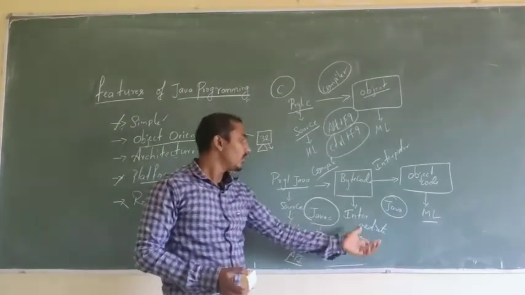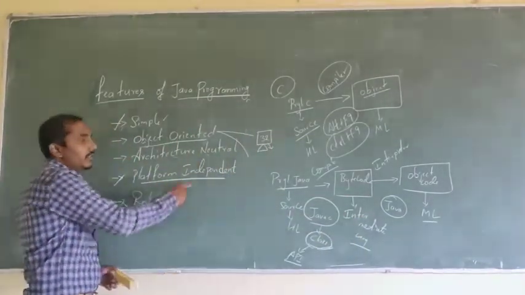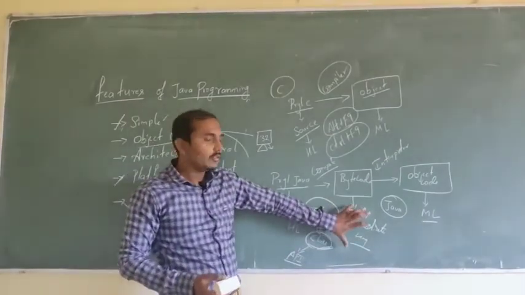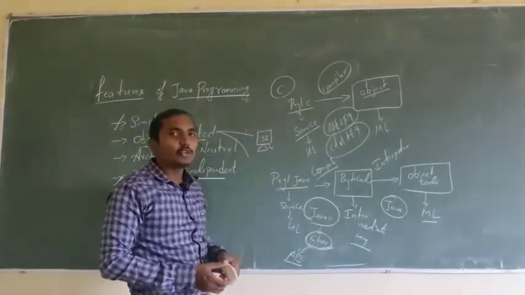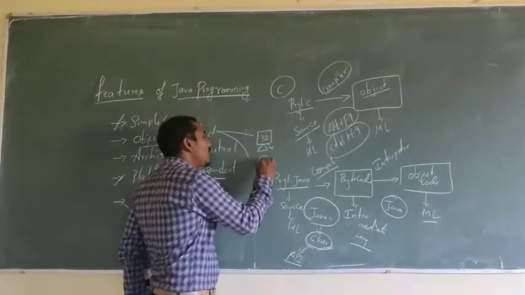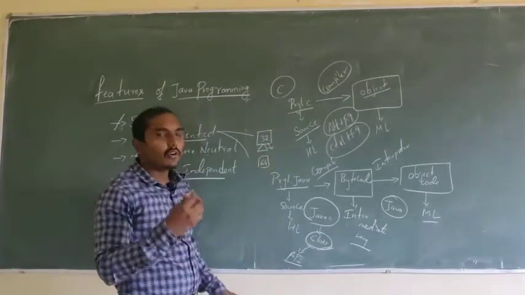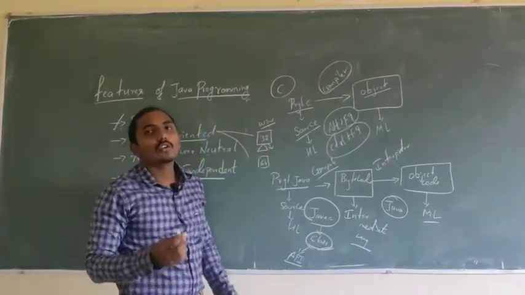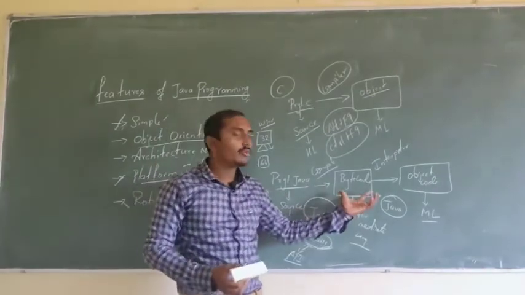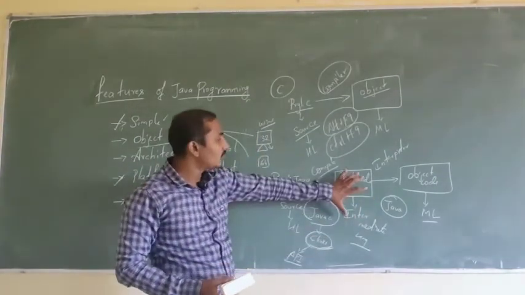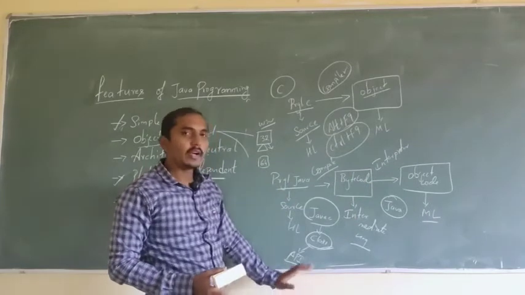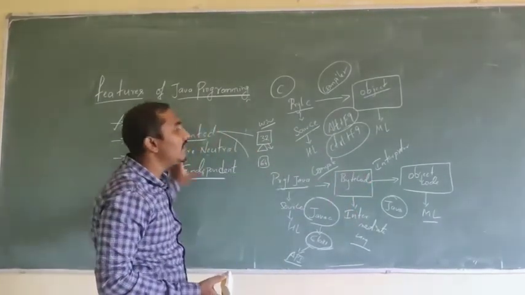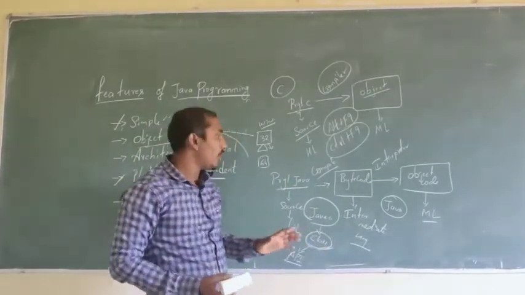This bytecode will be platform independent, in the sense this file can be executed in a 32-bit system, or in a 64-bit system, or in Windows, Macintosh or Linux, or many kinds of platforms. I don't want the source code, I only need the bytecode. With the help of bytecode, I can execute anywhere in any system where you have Java.